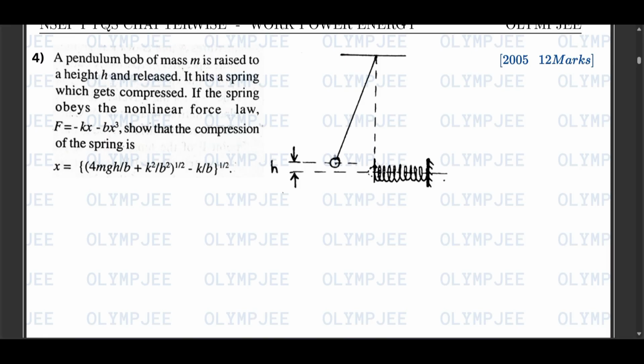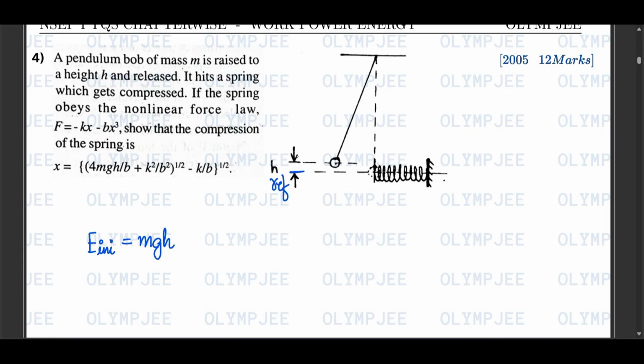So it means that all the potential energy due to gravity has been transformed into the potential energy of the spring. So the initial potential energy, if we take this line as the reference line, then the initial energy can be written as mgh, right?